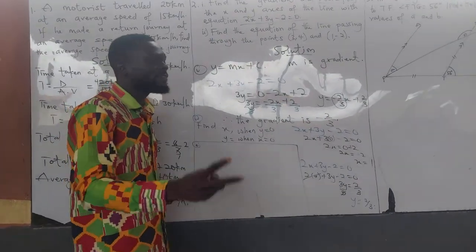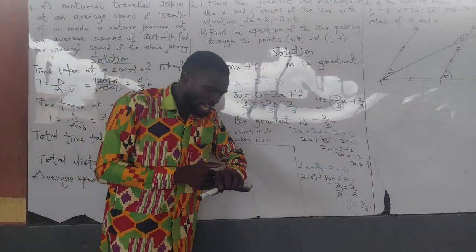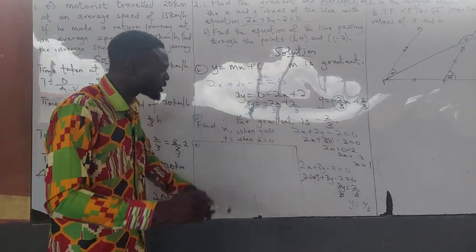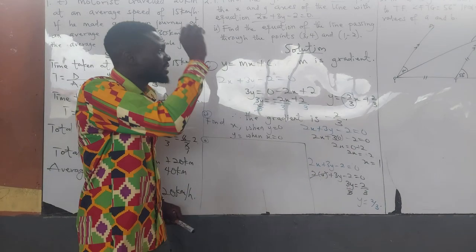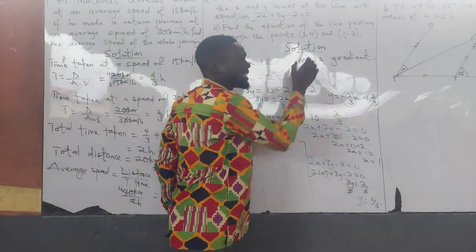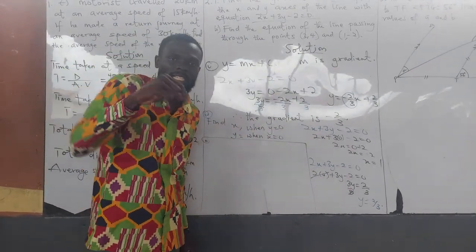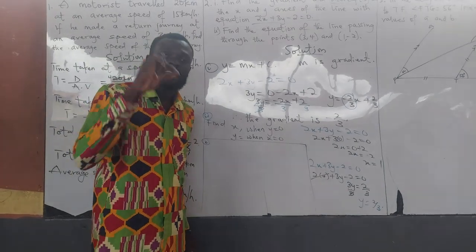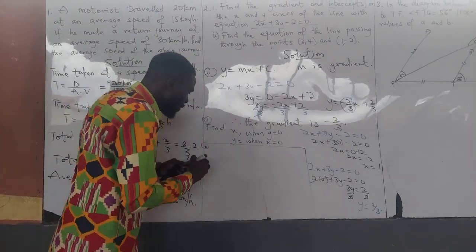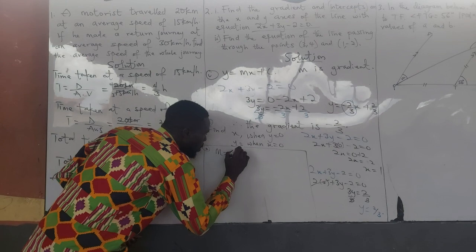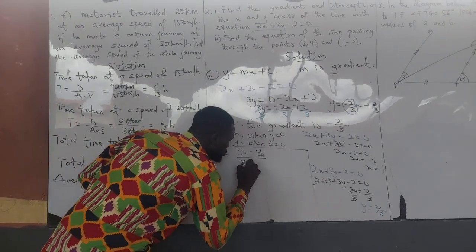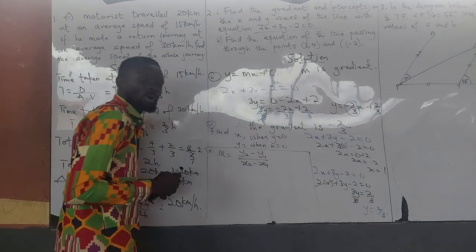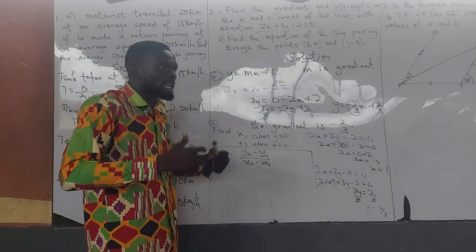Now, whenever you are given 2 points, the first thing you have to do to find the equation is find the gradient. And to find the gradient, we use the formula y2 minus y1 all over x2 minus x1. What is the x2? What is the y2?